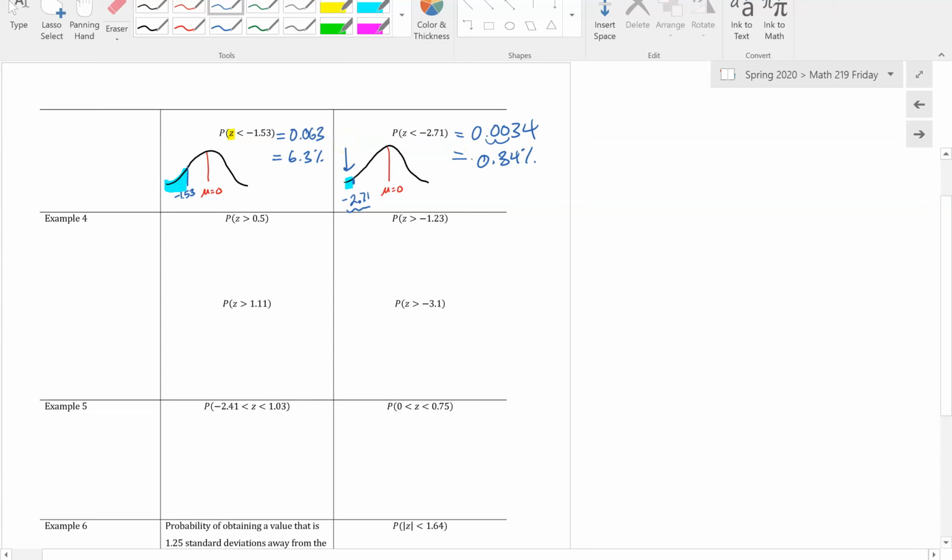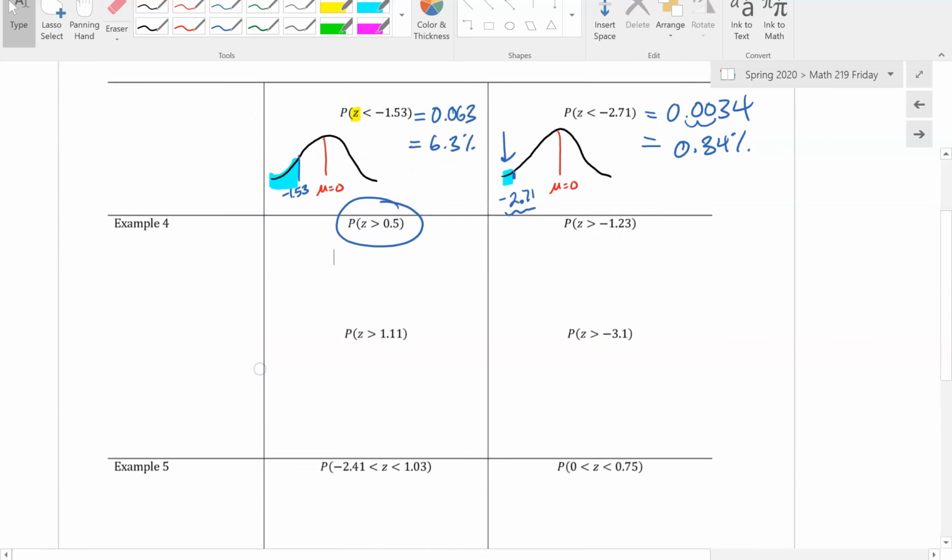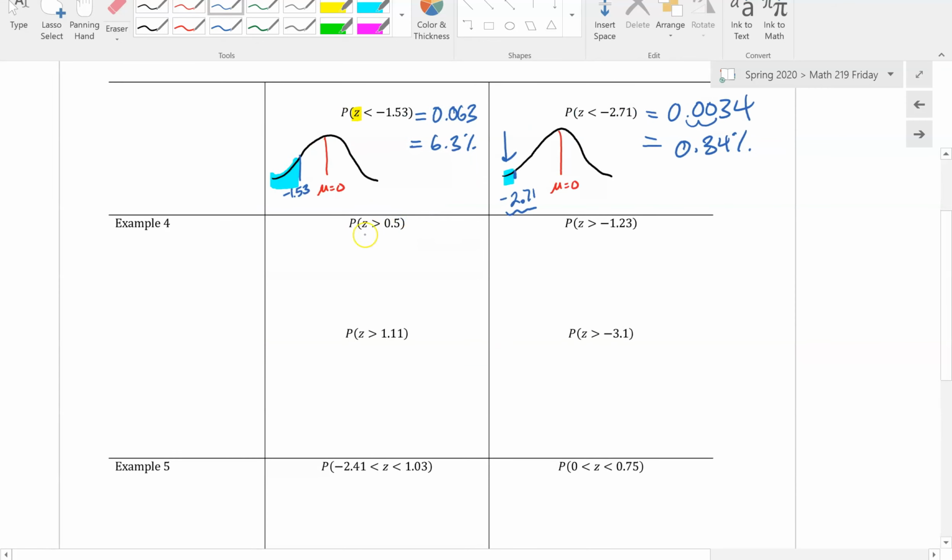So I hope you're getting the idea. Let's try one or two of these. Now, here they've changed things up on us, and they're asking for the probability of getting a z-score greater than a particular number.